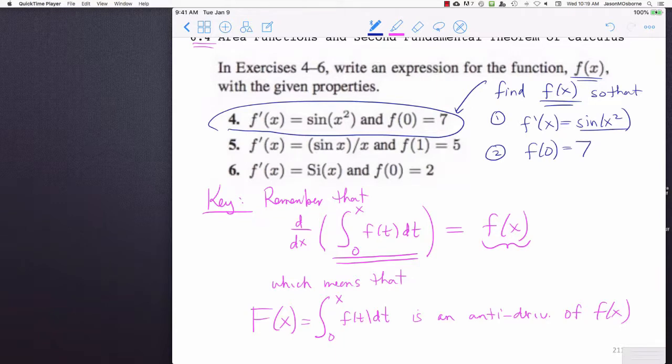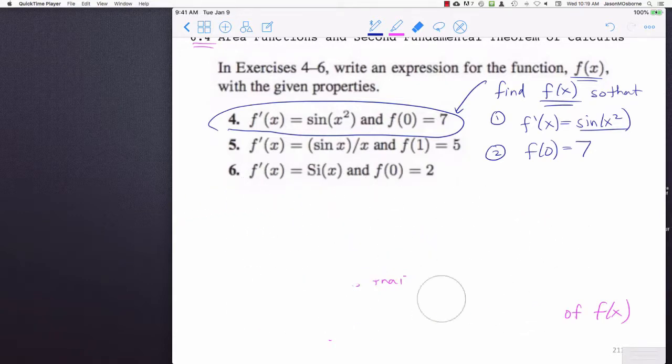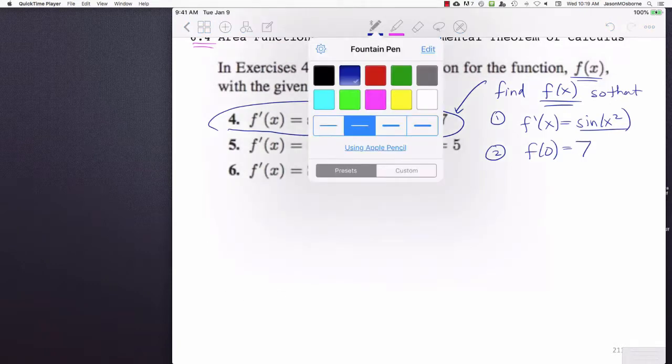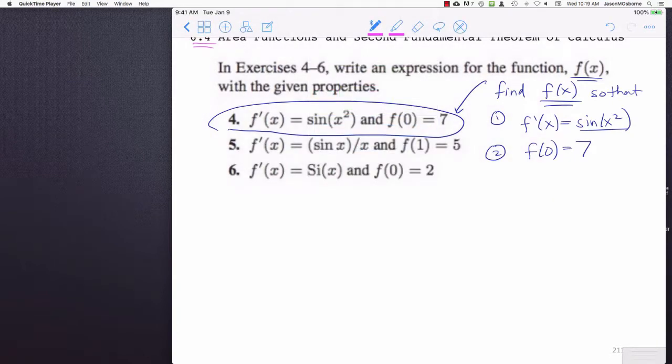Let me erase this part here. We're going to remember that the area function is an antiderivative of the integrand of that area function. So if we're trying to find a function whose derivative is sine of x squared, let's think ahead.